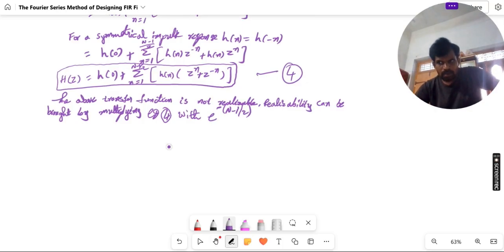Now let us write down the realizability of the transfer function.